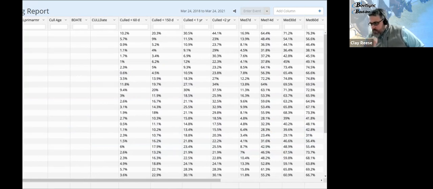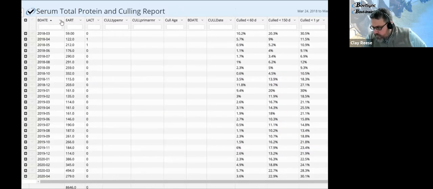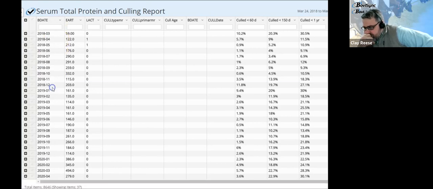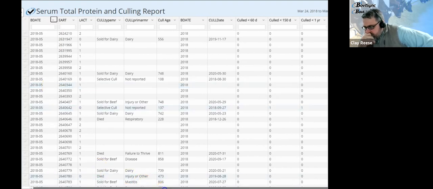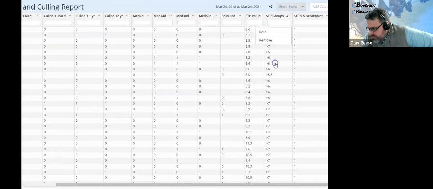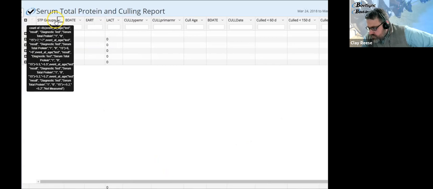Now if we wanted to look at the question of how are different categories of serum total protein related to their likelihood of getting culled or having medical events, we can just simply group by the category that we want. So I made a formula.